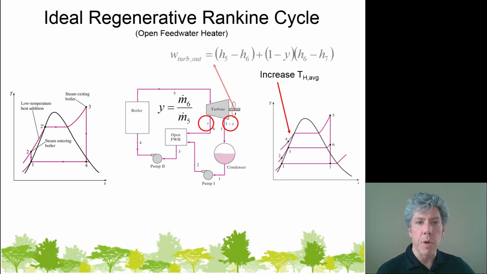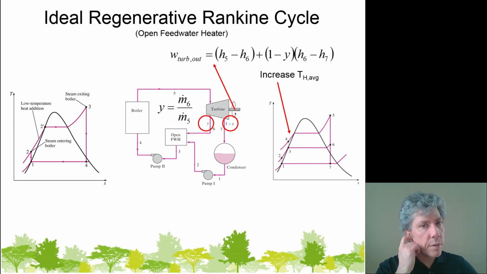That works for the first drop from state 5 to state 6, and so you see H5 minus H6 as the first term in the specific work produced by the turbine. But we have to take 1 minus Y, in other words, only 80% of the mass flow rate, times the second drop from the intermediate pressure to the condenser pressure, state 6 to state 7. That's why there's 1 minus Y times H6 minus H7.